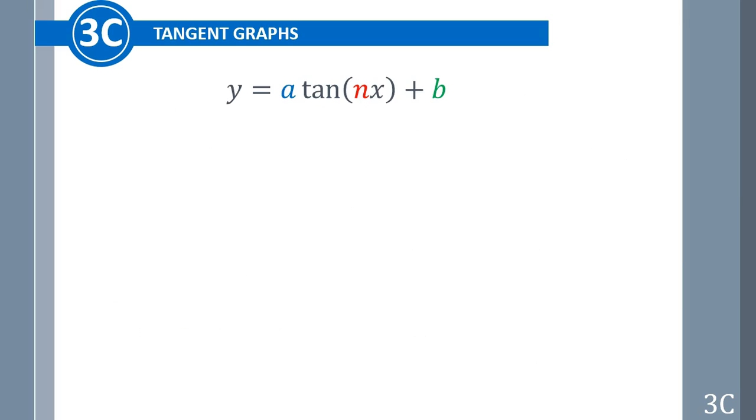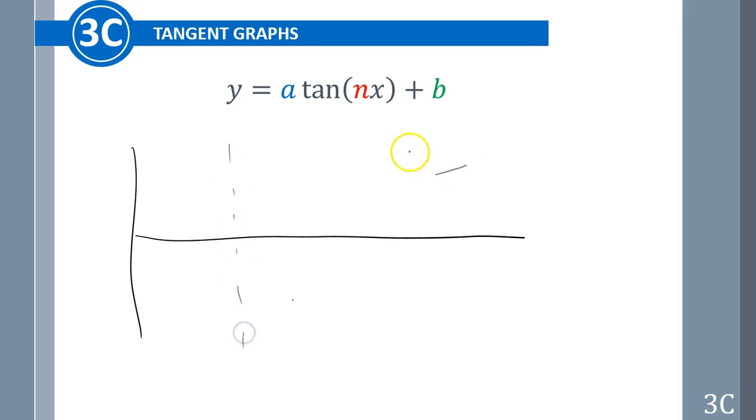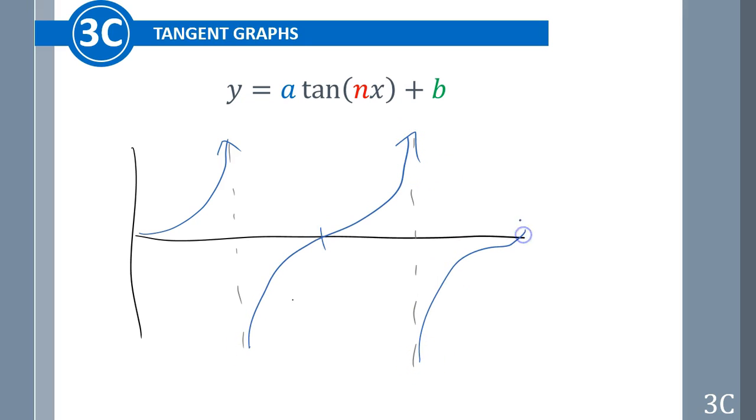So we're going to look at the full version. Let me draw a bit of a tan graph here. I've got my axes. I'm going to put my asymptotes in, and I'm going to draw two periods of a tan graph.